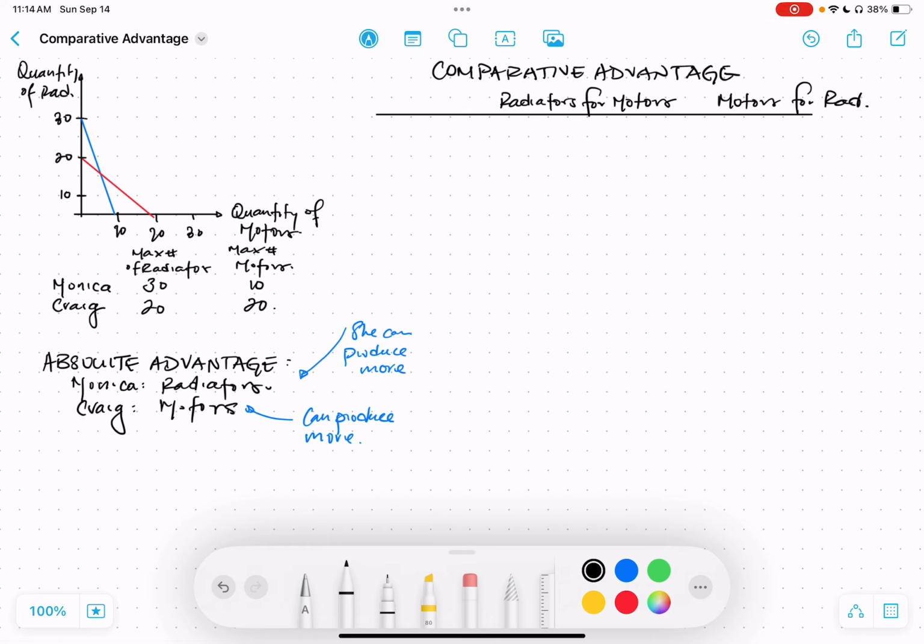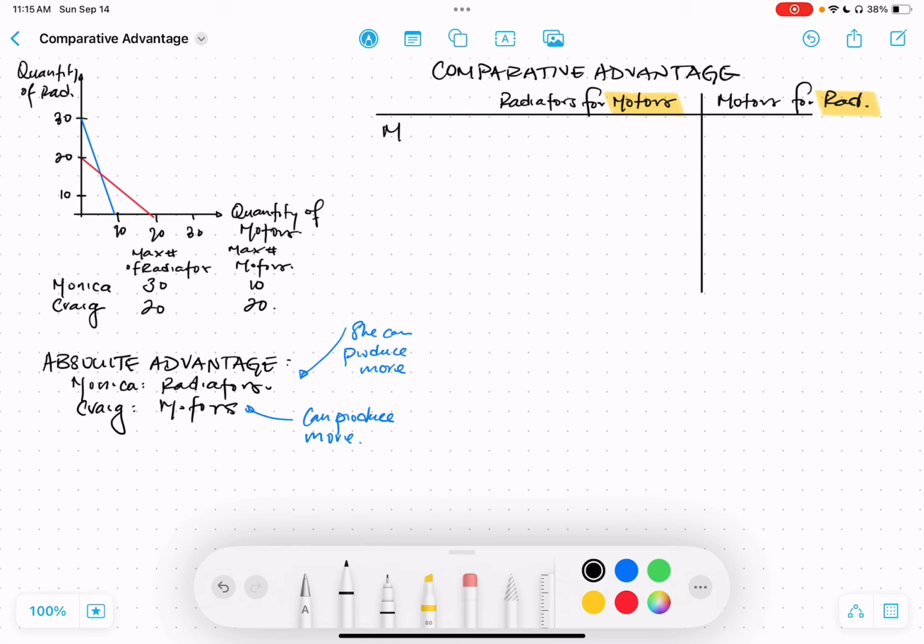Okay. In this case, we could simplify this by just saying that this is the cost of motors and this is the cost of radiators. Okay. So you're probably wondering, what does this all mean? Well, let's look at the math a little bit more.